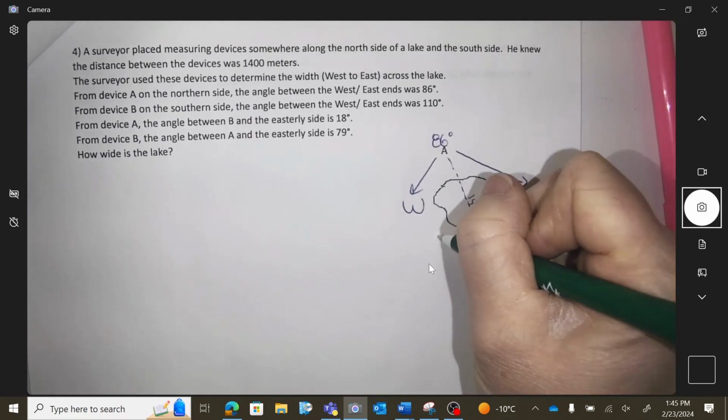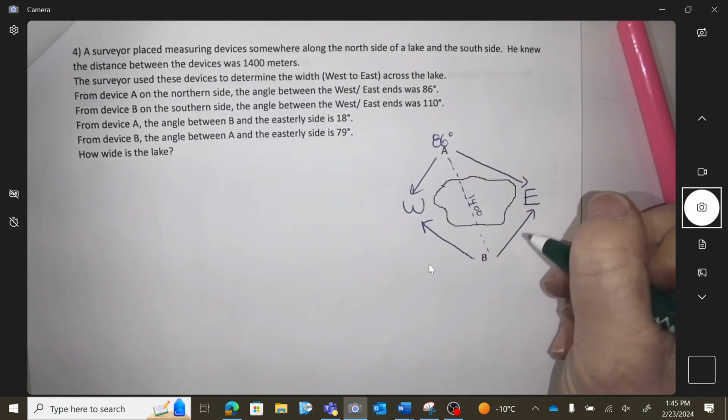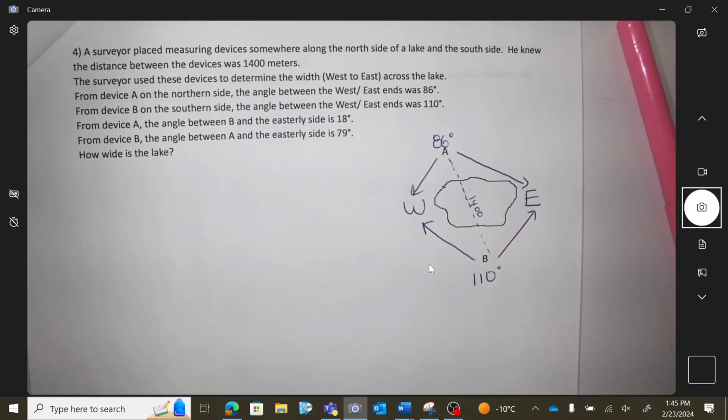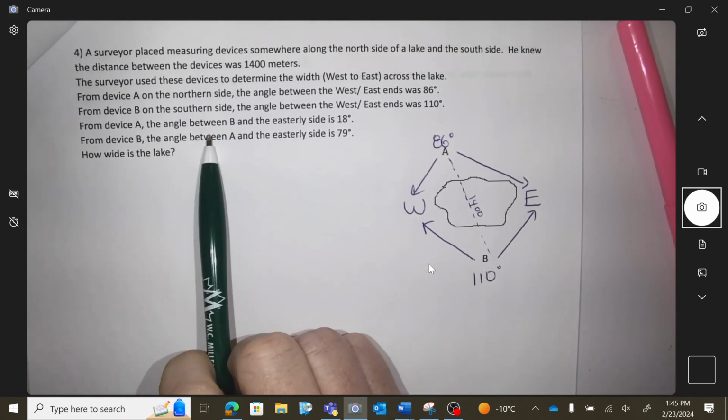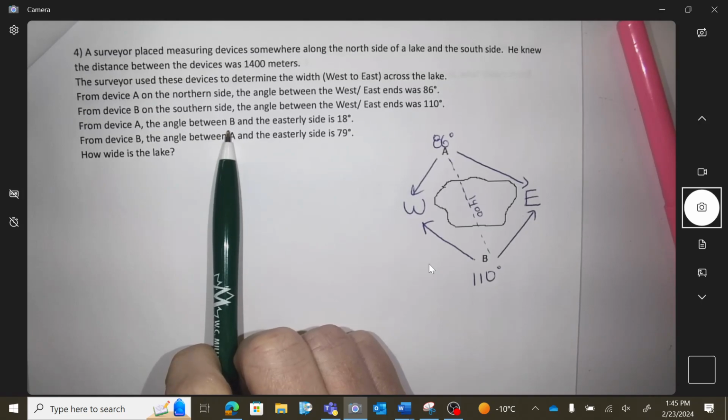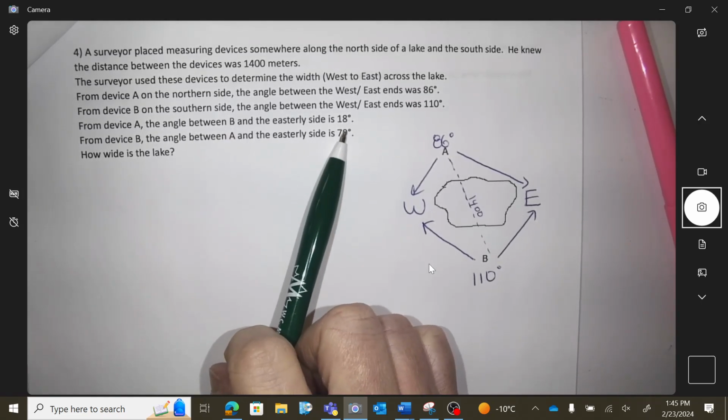So from B, that angle is 110. Go back to device A. From device A, the angle between B and the east is 18.